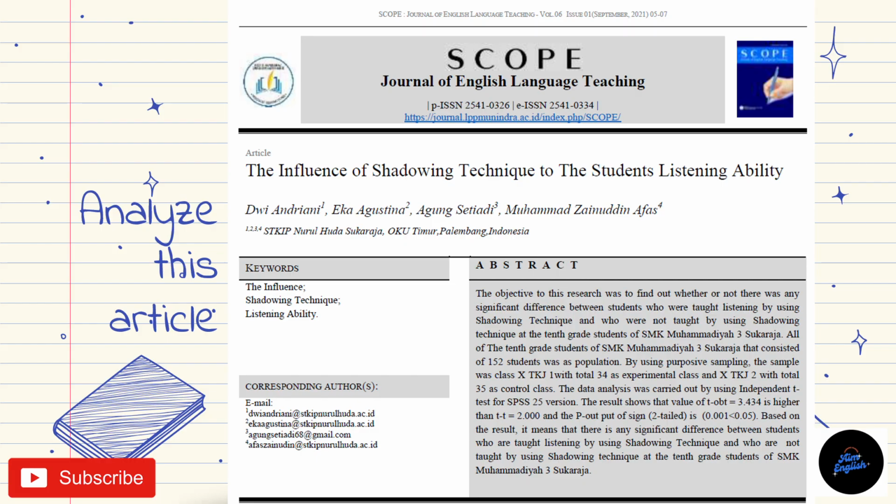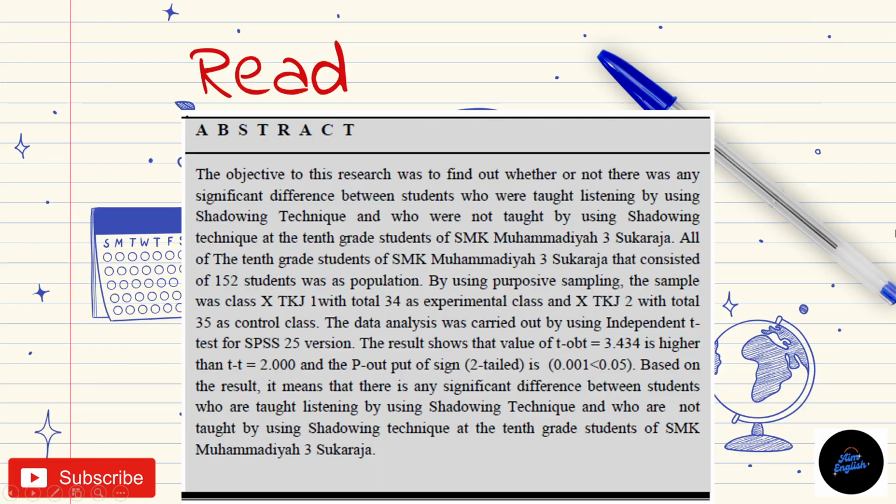If you dive deeper into the abstract, we can see that the researcher did the research with two groups. The first one is the experimental class, which contains 34 students, and the control class that contains 35 students.